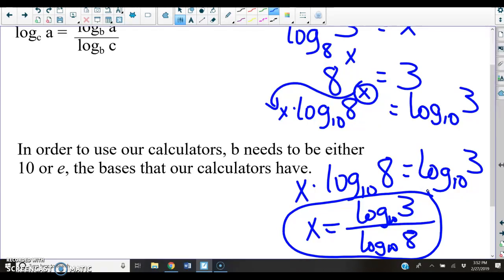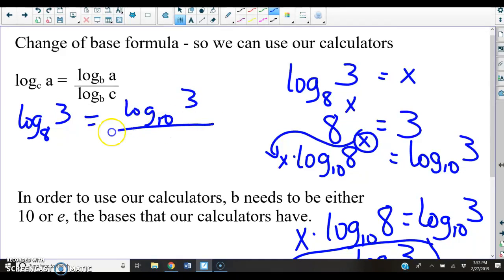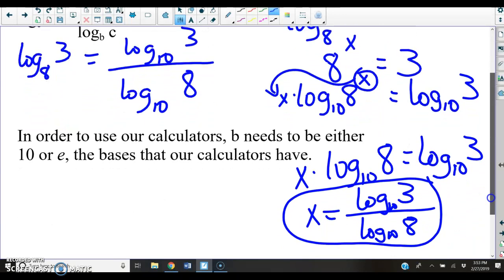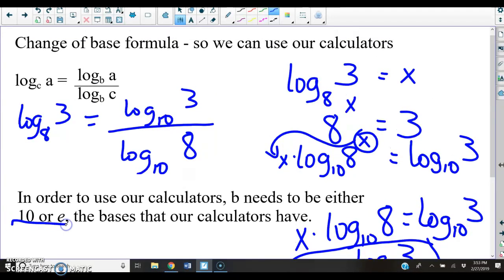So now if you replace 8 and 3, okay, this was the log base 8 of 3, that became the log base 10 of 3 over the log base 10 of 8. And that's exactly what I have over here. So you switched it to a base that we could have used on our calculators or tables. That would either be base 10 or base e. Those are what are on our easy calculators.